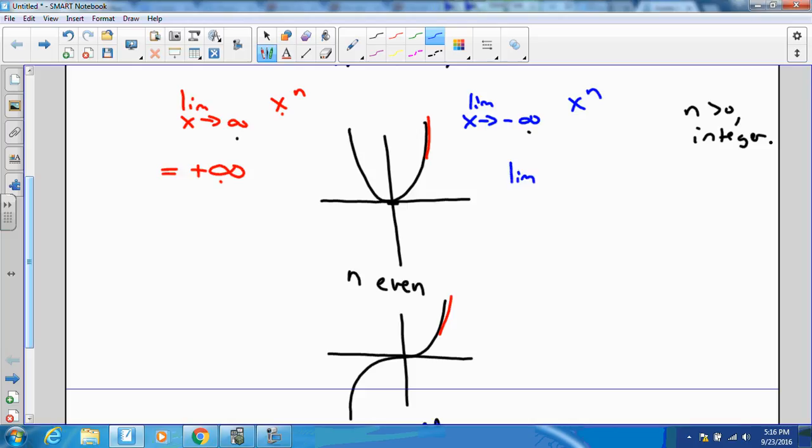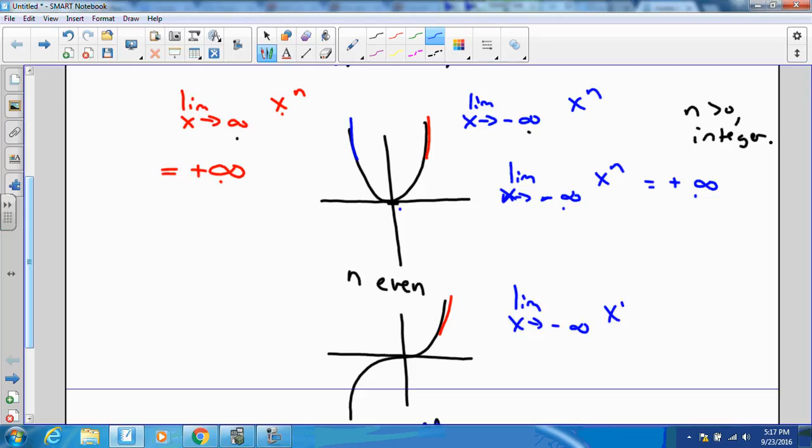When n is even, as in the case of the top graph, then the limit as x goes to negative infinity of x to the n will be positive infinity again. And here we want to visualize this as taking very large negative numbers and raising them to an even power, which means multiplying them by themselves an even number of times. I'm going to get very large positive numbers as a result.